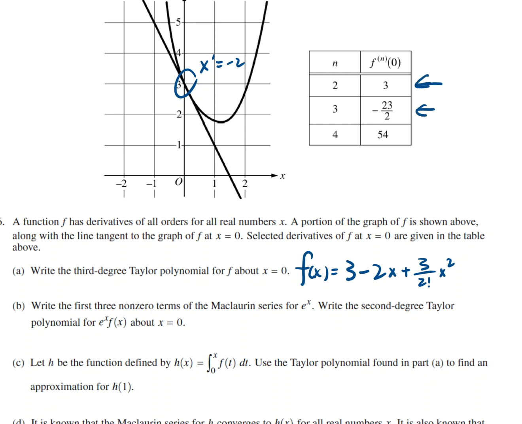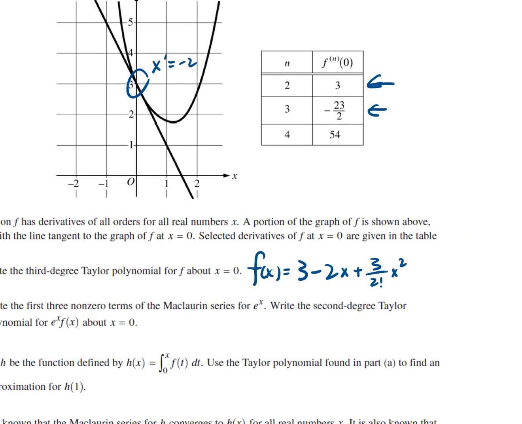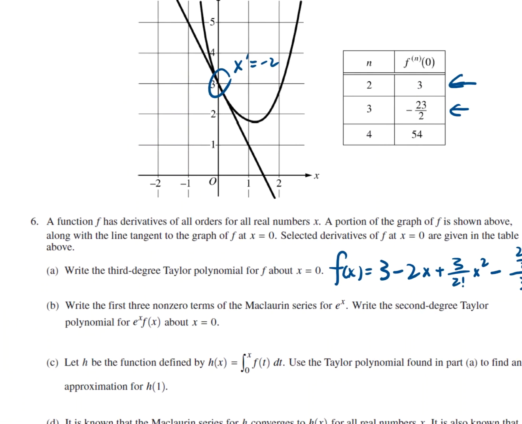And same for the third one, because that is the third degree Taylor polynomial, you're going to have negative 23 over 3 factorial, x to the third, plus dot, dot, dot. So this is an alternating series as far as we can tell for now. We're going to just leave it be like that.